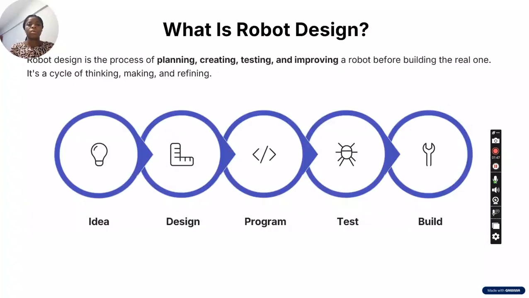Now let's talk about robot design. Robot design is the process of planning, creating, testing, and improving a robot before building the real one. It is a cycle of thinking, making, and refining. Before you do the robot design, you first develop an idea.